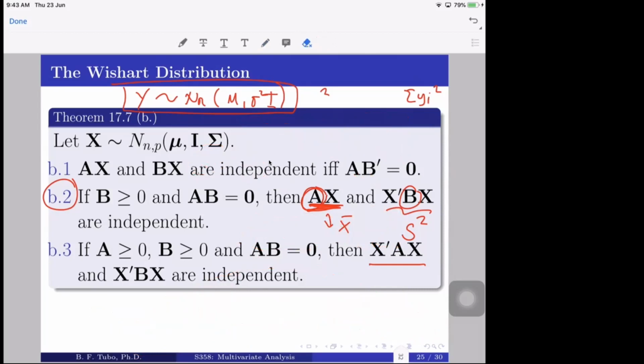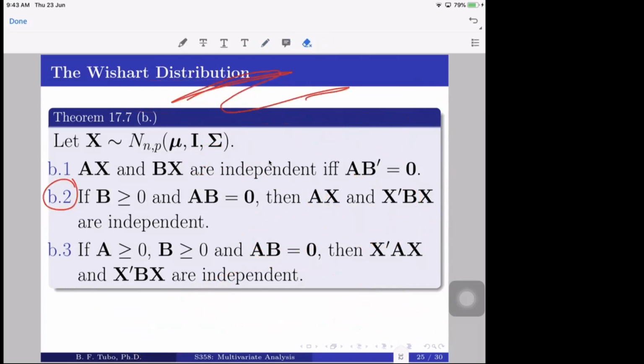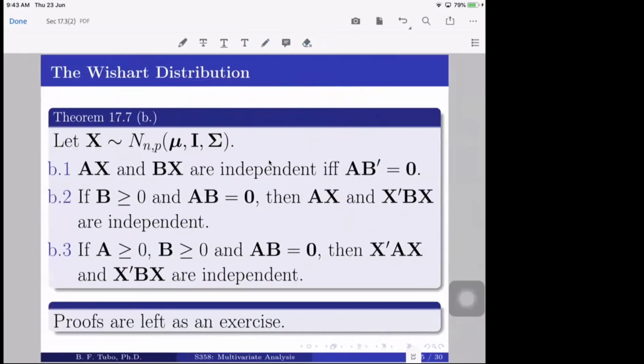So it should be 1 over n times I. Kung univariate lang, it's just the vector of 1 over n. N by 1 na 1 over n. Okay? So, the proof are similar to what we have done in the univariate case.